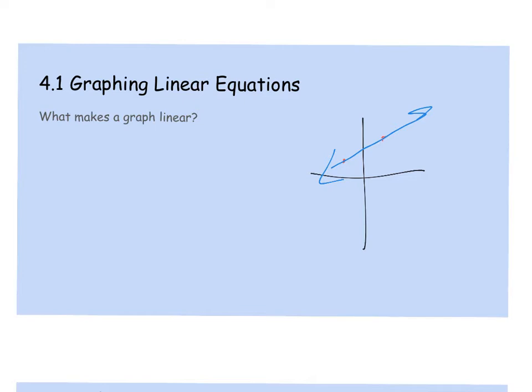Now, a couple things you're looking for in that linear equation is the slope, and that's rise over run, and you're also looking for this point right here, the y-intercept.